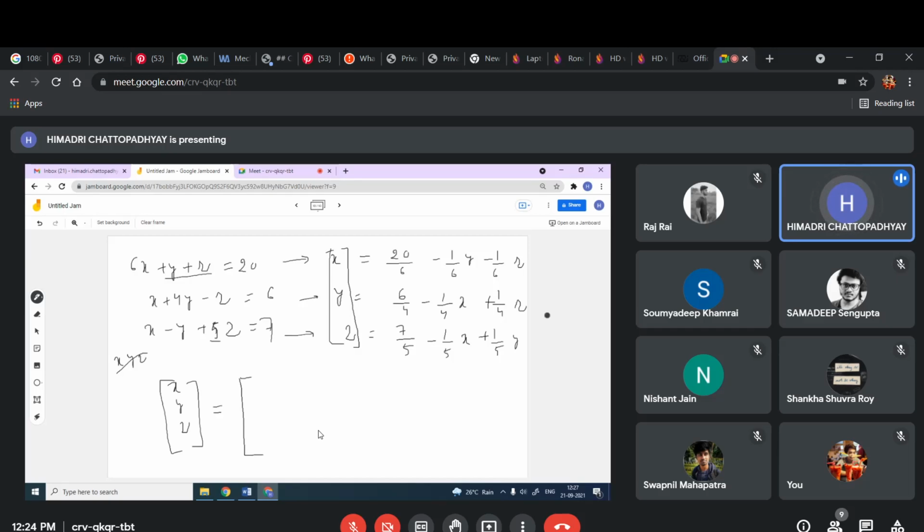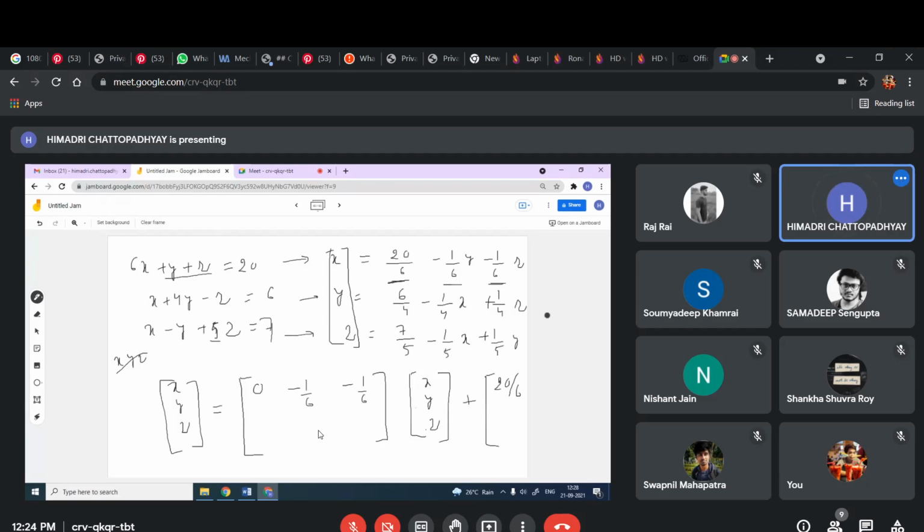What is the coefficient of x? There is no x, so 0. Minus 1/6 y minus 1/6 z. So this becomes x, y, z, but 0x minus 1/6 y minus 1/6 z, and this is the extra part, so that becomes 20 by 6.